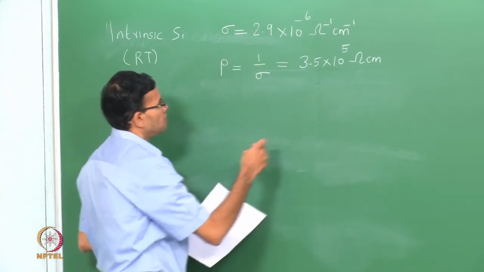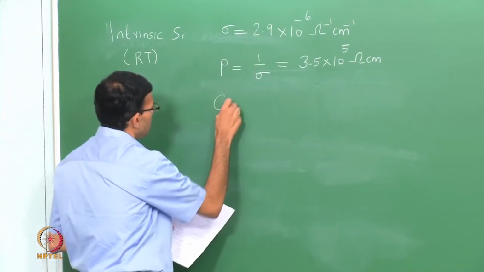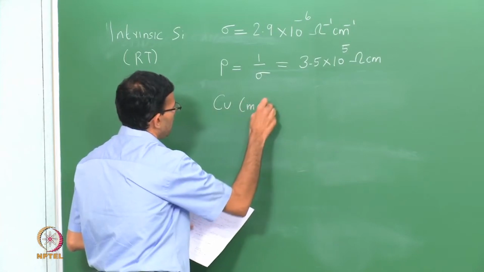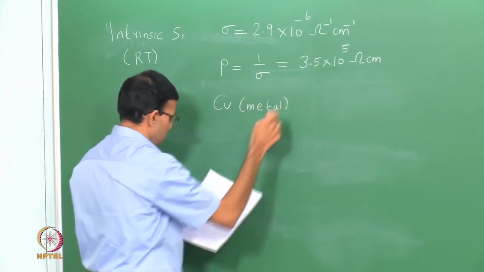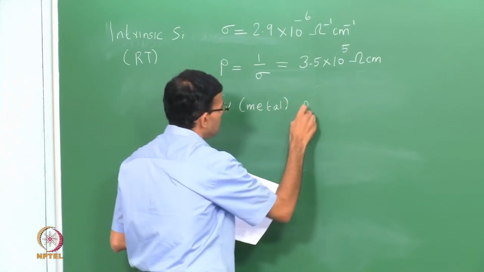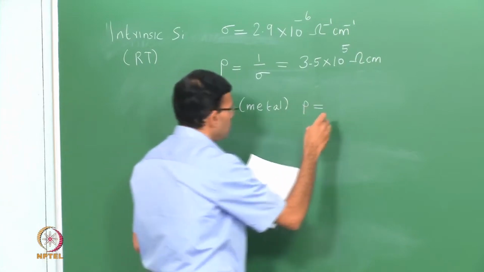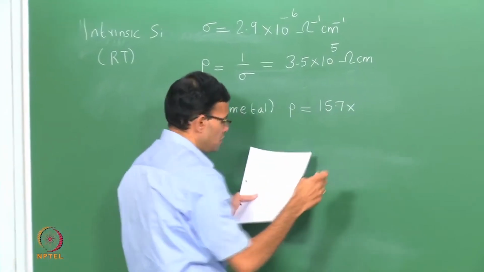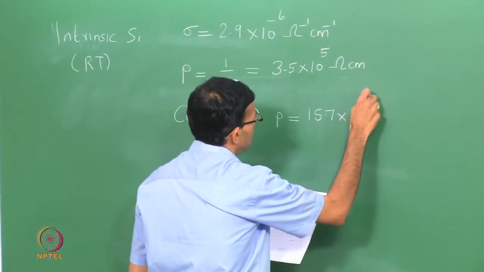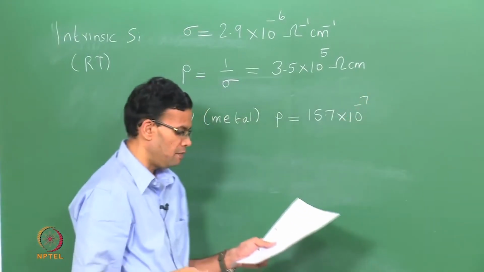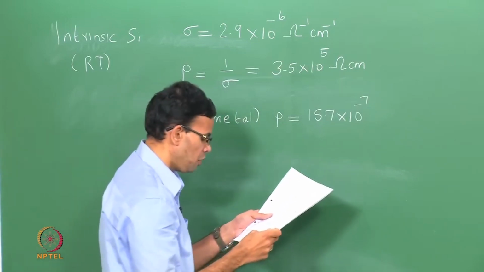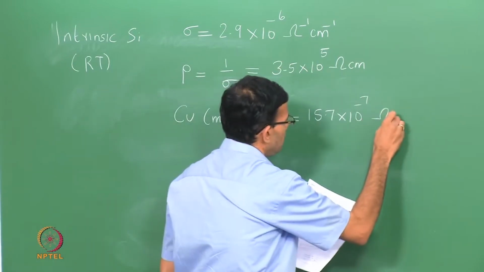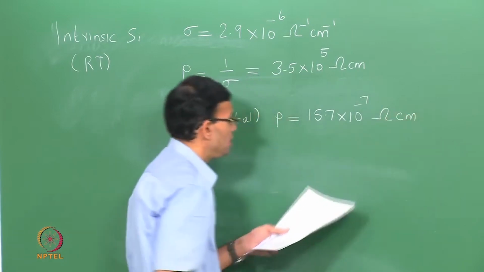Just to compare, if you have copper, which is a metal, the resistivity rho is approximately 15.7. We saw this in the first class when we wrote down resistivities for different elements. So, rho is 15.7 times 10 to the minus 7 ohm centimeter.